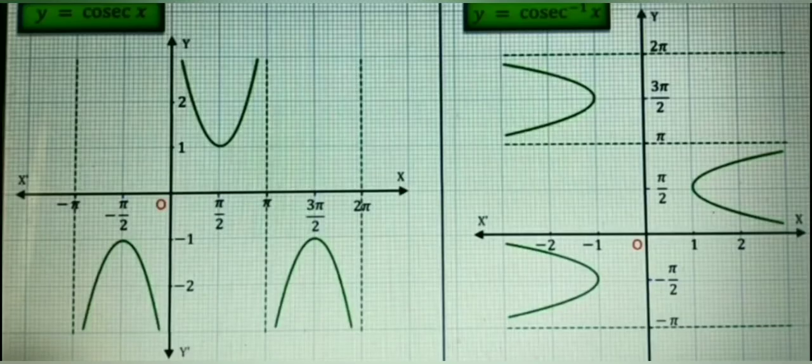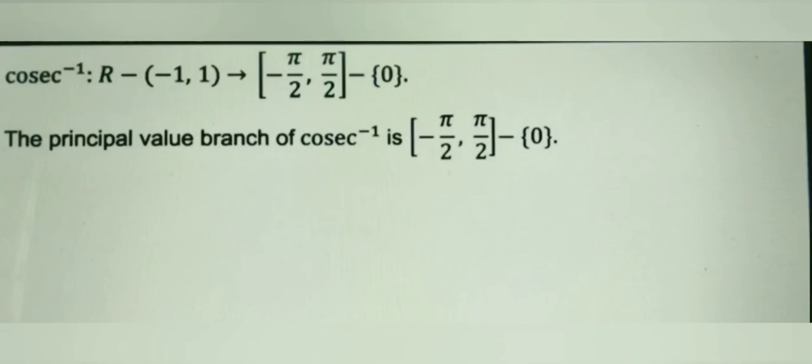And here you have a graph of y is equal to cosec x and y is equal to cosec inverse x function. For cosec inverse function, the domain and the range is given here. The principal value branch of cosec inverse is closed interval minus pi by 2, pi by 2 excluding 0.